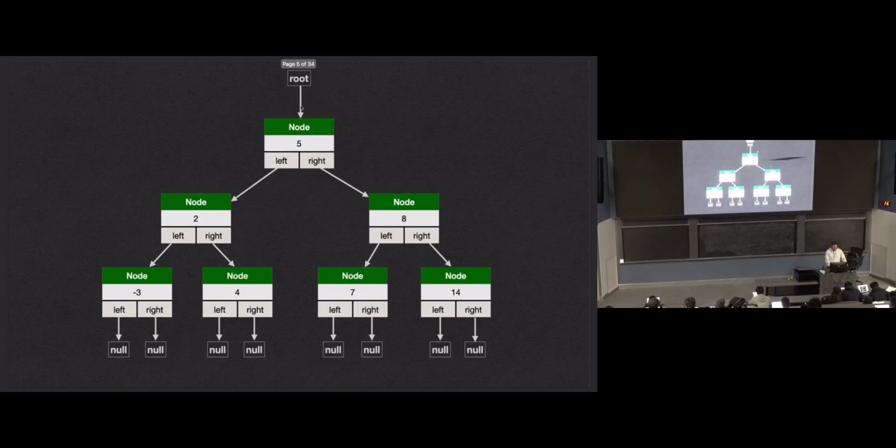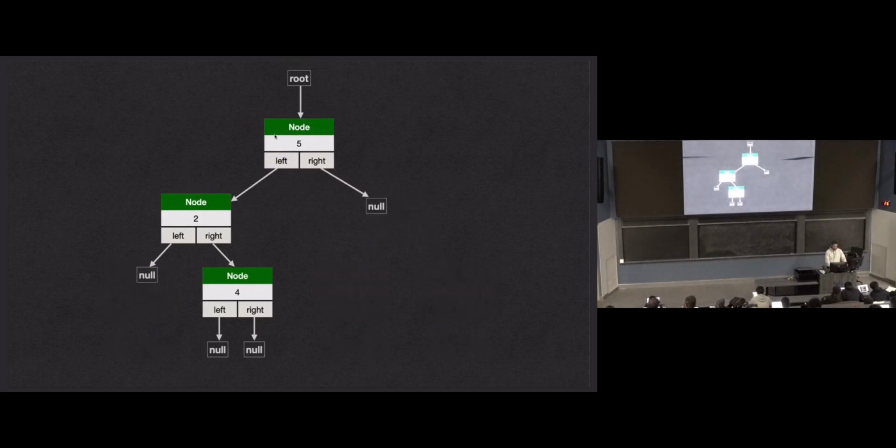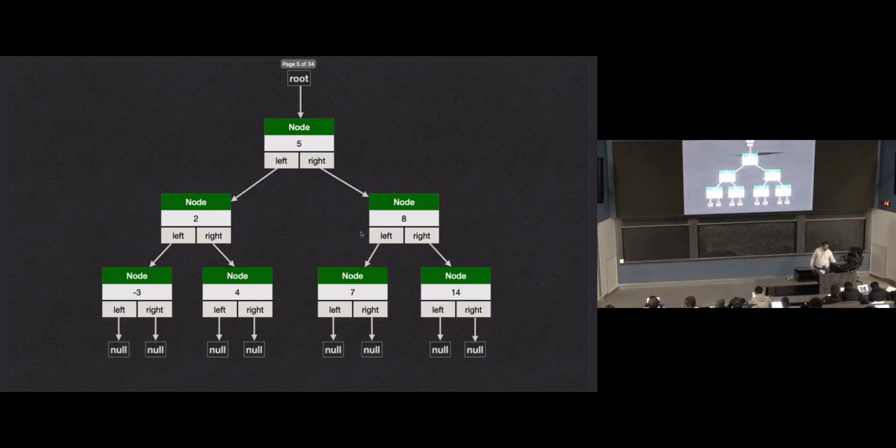So when I create the root node, I'm creating a node with value 5, a reference to null, and a reference to null. And then when I add that left child, I'm saying root.left, which is null at that point. I'm going to set that equal to, replace the null with, a new node with value 2, left of null, right of null. So I'm manually replacing those nulls as I build out the tree to eventually get this tree.